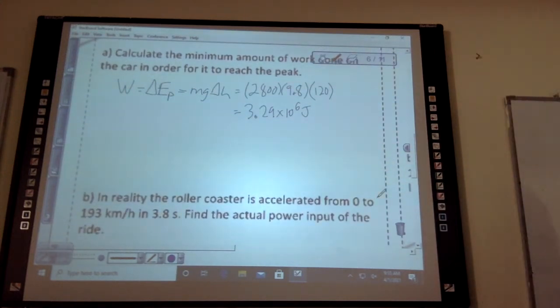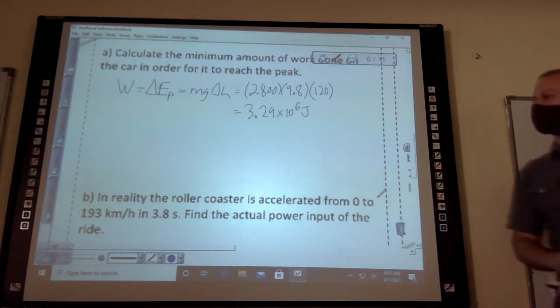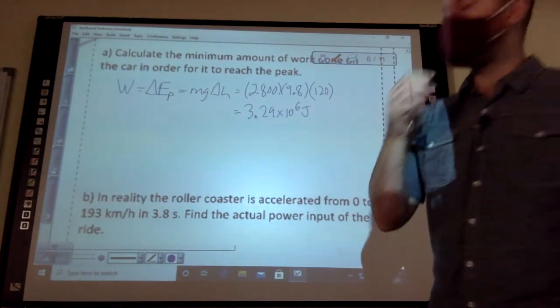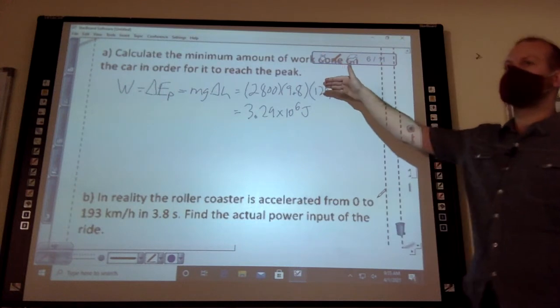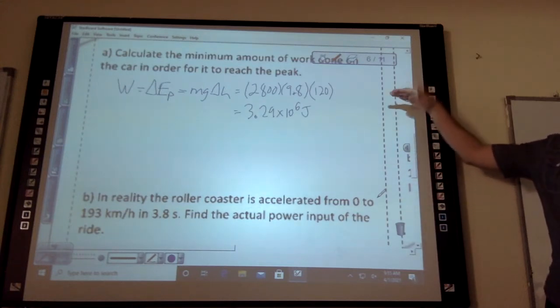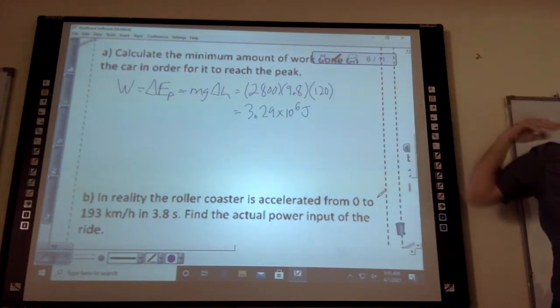So in reality, this is what's happened to the roller coaster. We're accelerated from 0 to 193 kilometers per hour in 3.8 seconds. We want the actual power input in this case. So what did we calculate here? Input or output? Output. This is what we actually got out of the system. This is the result.